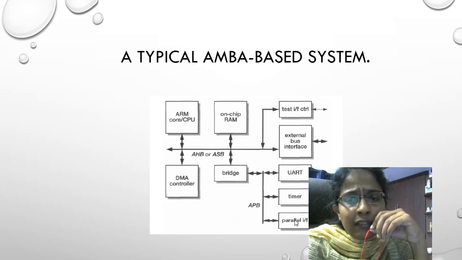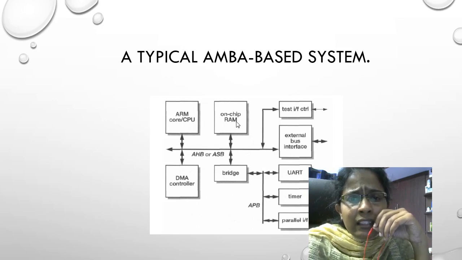UART is a serial interface, and if I want to connect a peripheral interface, I can connect it. These are all low speed or low performance, so they are connected using APB. And the on-chip memory or DMA controller can be interfaced via ASB or AHB.